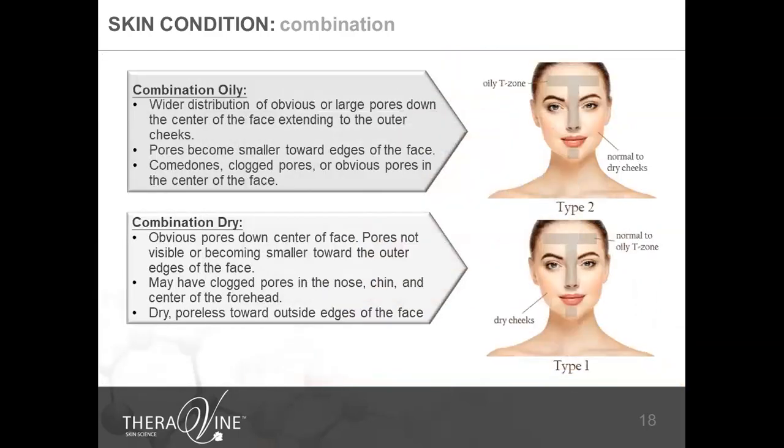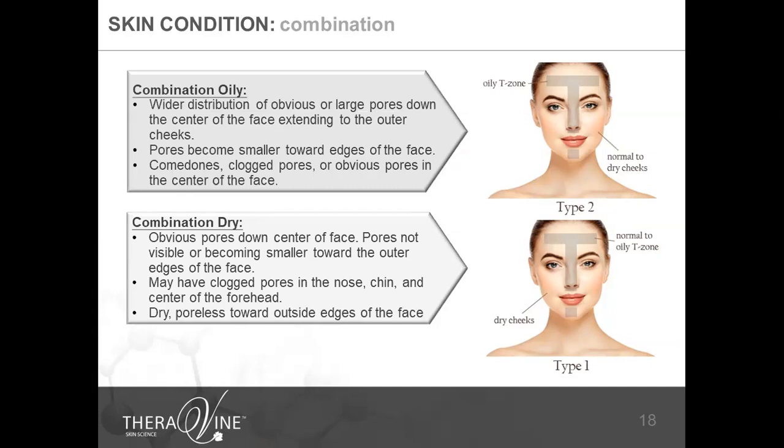Your combination oily, where you get a wider distribution of large pores, especially down the center of the face, extending to the outer cheeks. The pores become smaller towards the edges of the face. So by the outside, closer to the ear, the pores are finer and the skin is definitely a little bit more dry on that area.